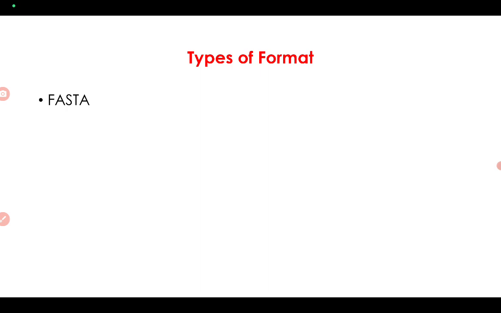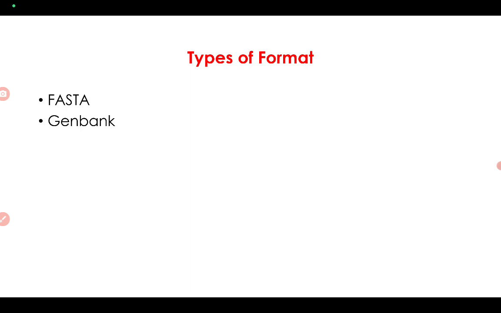As you can see, FASTA is the most common format that is used, which is simplest in nature and very fast, because it consists of only a minimal amount of information along with most of the sequence information. The second is known as GenBank, which we will discuss today, which is fully informative in nature, and it consists of lots of data, or you can say data about data, or metadata, along with the sequence information.